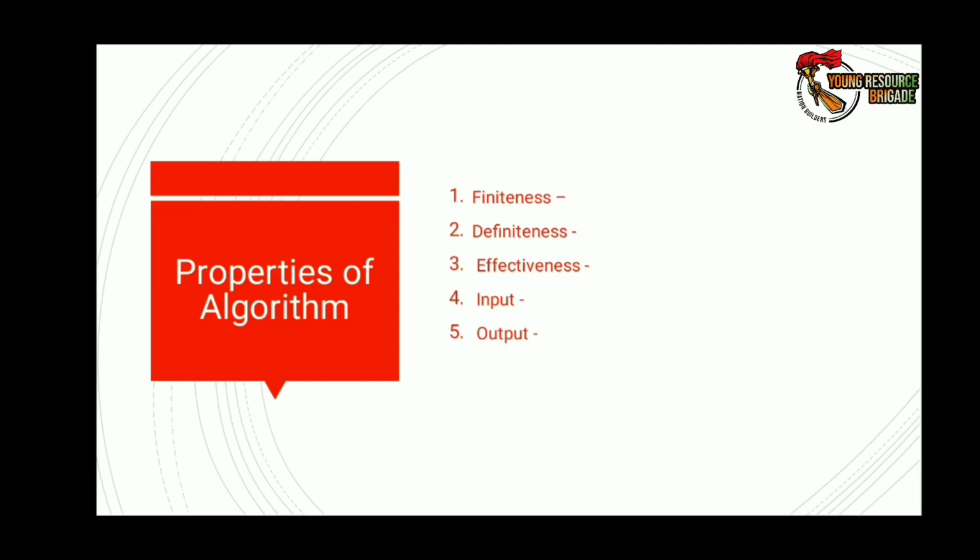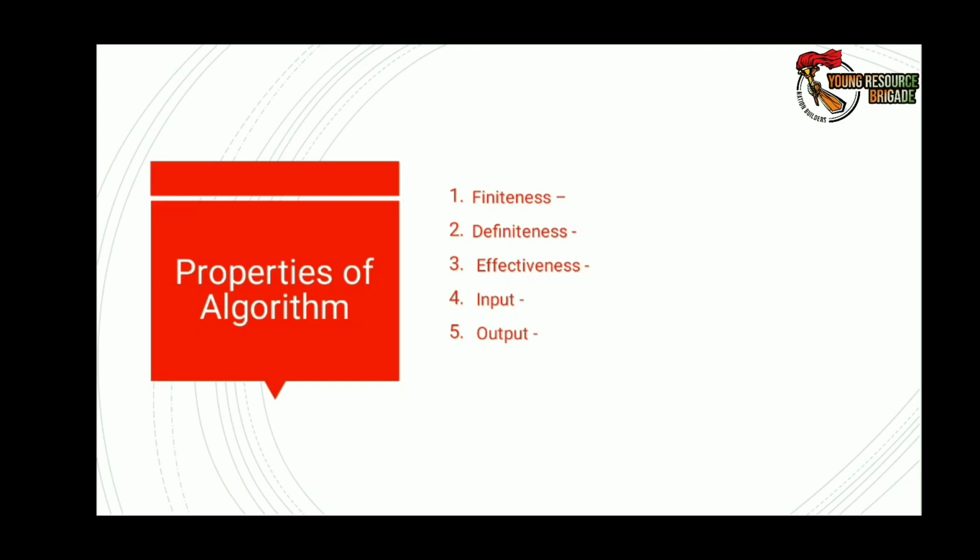The algorithm must accept 0 or more quantities which are externally supplied by the user at run time. Then fifth and last property, output. The algorithm should give at least one desired output, by which we can understand the procedure is completed and we get the required output on the provided information.